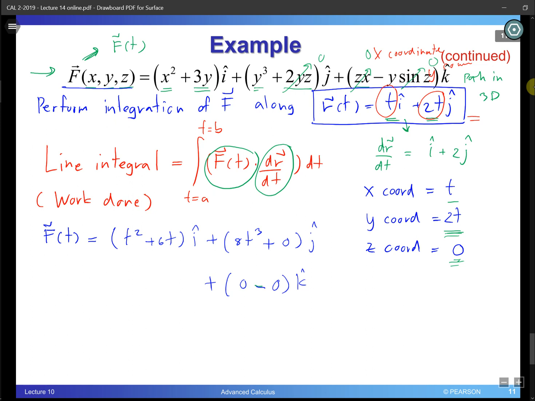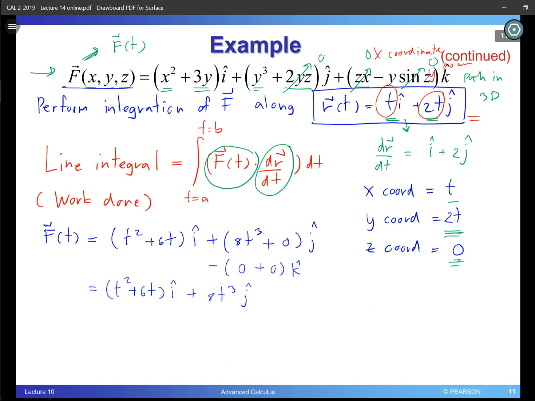Now let's put everything together. So this is minus 0 plus 0 k, which means that f of t right here is going to be equal to t squared plus 6t i plus 8t cubed j, and that's it. And we have f in terms of t.